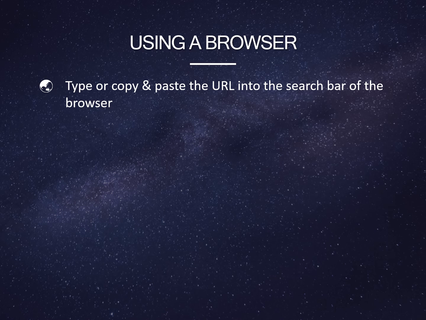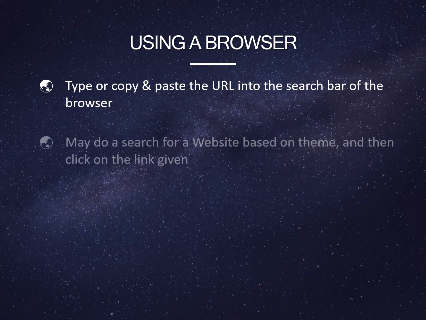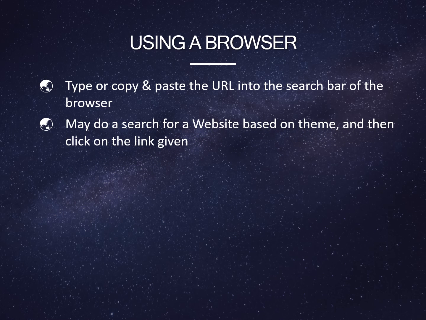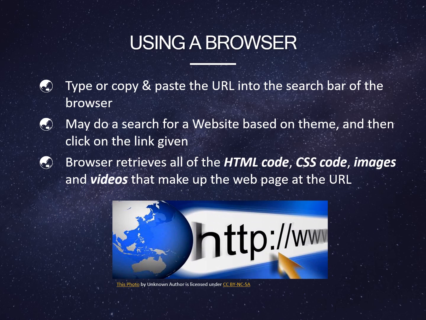To use a browser, you usually type or copy and paste the URL into the search bar of the browser. You also may do a search for a website based on a theme and then click on the link given or provided to you. Browsers retrieve all of the HTML code, CSS code, images, and videos that make up that web page at the URL through various servers.